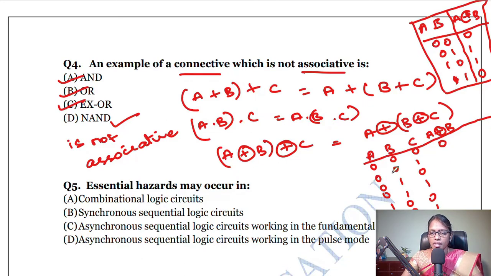You can see A exclusive OR B: 0 and 0, the output is 0; 0 and 1, the output is 1; 1 and 0, the output is 1; and 1 and 1, the output is 0.